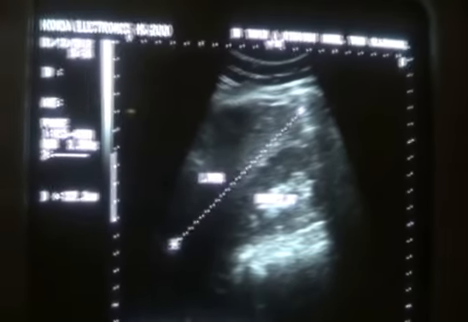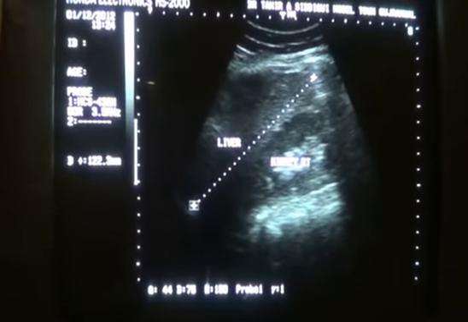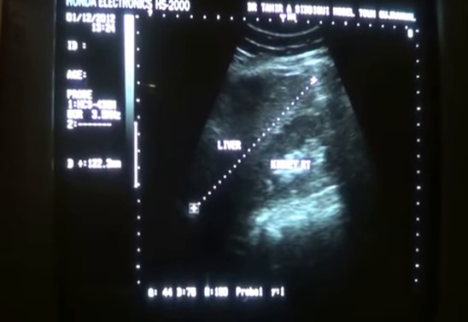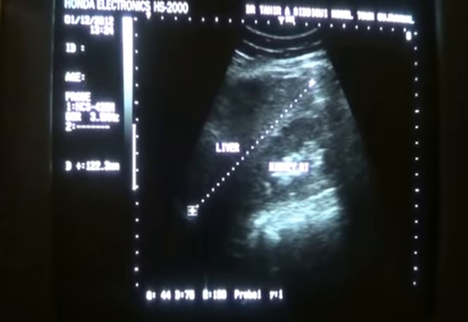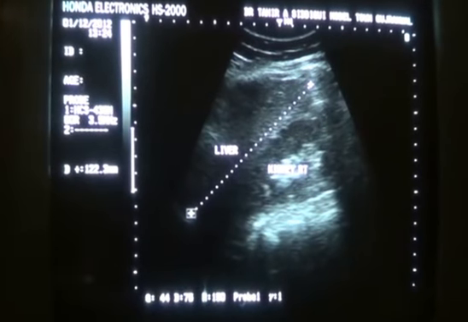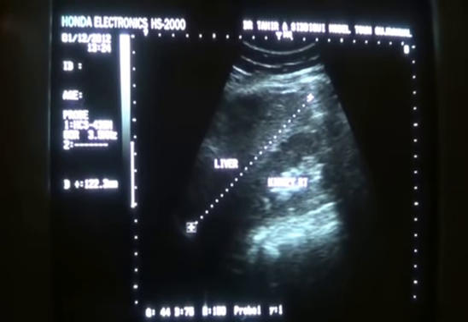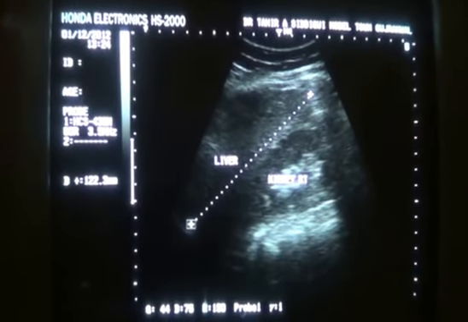The reason is that by real mode method, you cannot measure the liver in centimeters or millimeters. It's only by A mode that the liver can be measured in centimeters or millimeters.